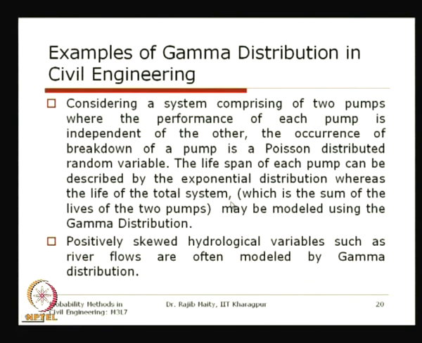Now, some examples of possible applications of the gamma distribution to civil engineering problems. Before I come to a specific example, when we started the gamma distribution, we said that if we add up variables following a distribution like the exponential distribution, or in the discrete case the Poisson distribution, the resulting distribution will be a gamma distribution.